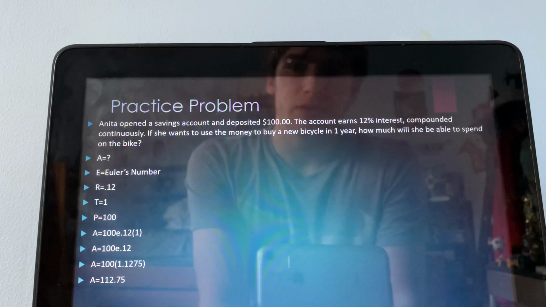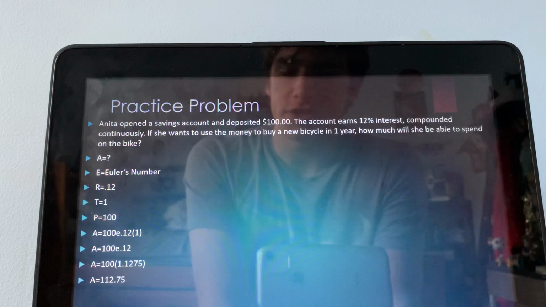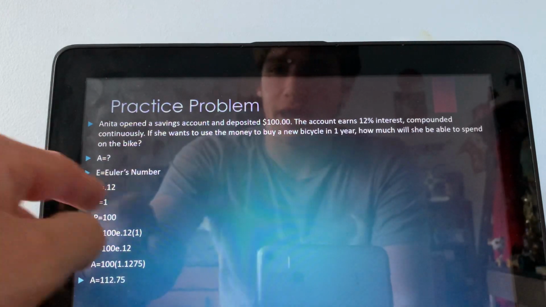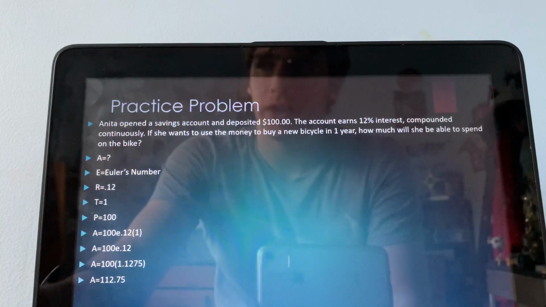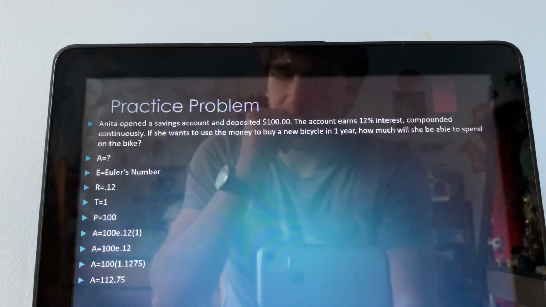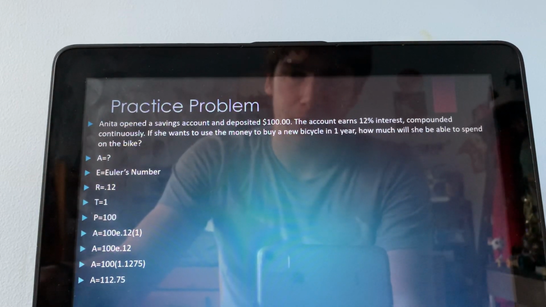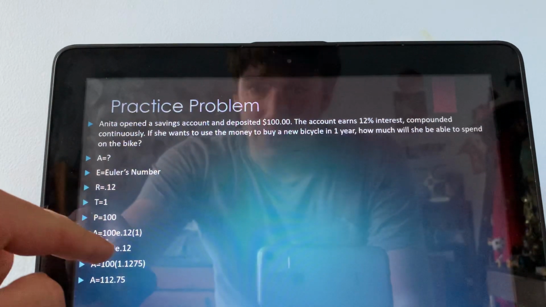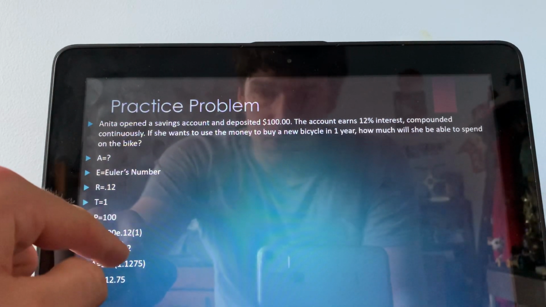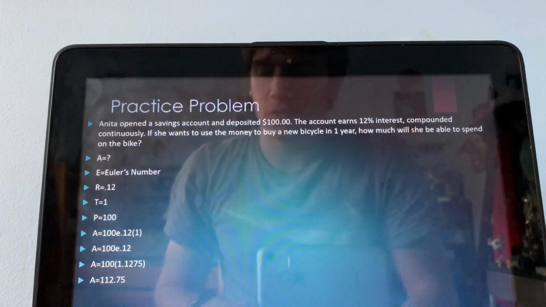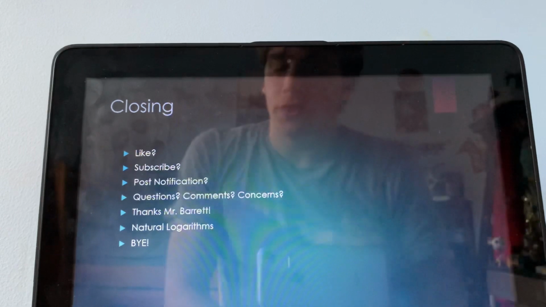So E to the 0.12 power is just 1.1275, and that times 100 is $112.75. And my mistake, it's something with PowerPoint. It's weird, it goes weird when I superscript things or make them an exponent. But it says E.12. That's supposed to say to the 0.12 power.